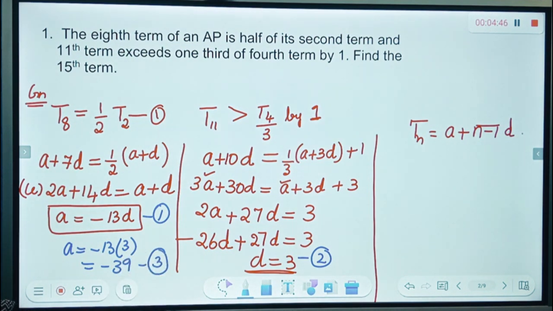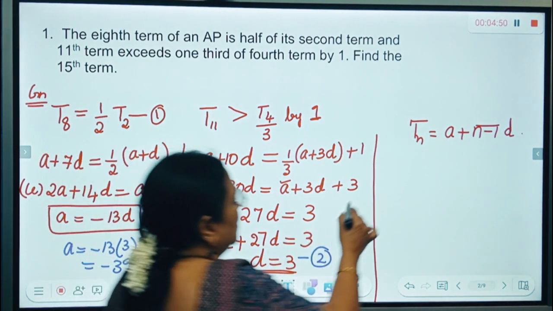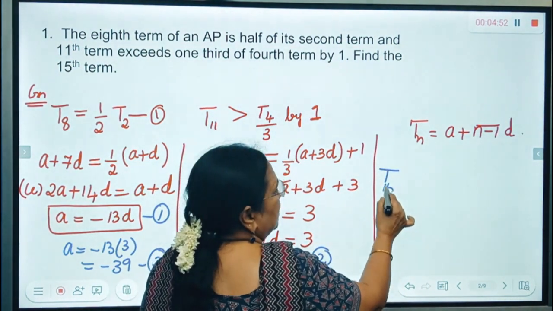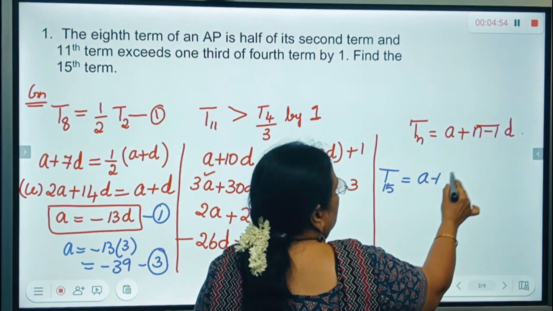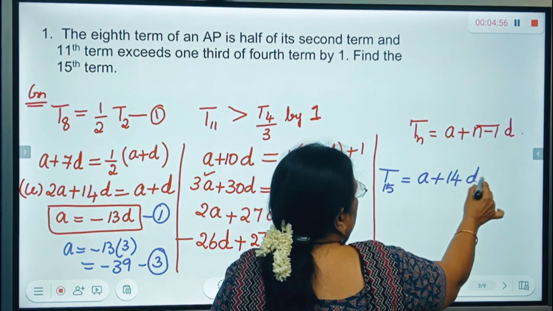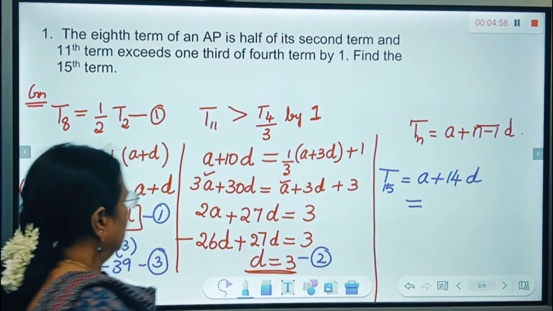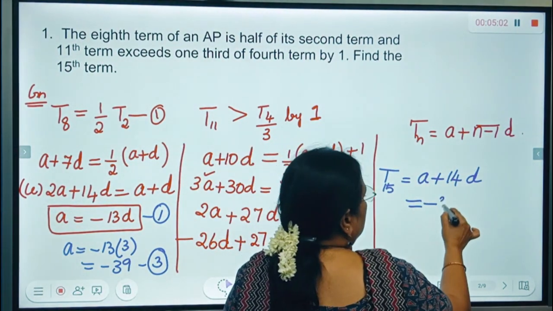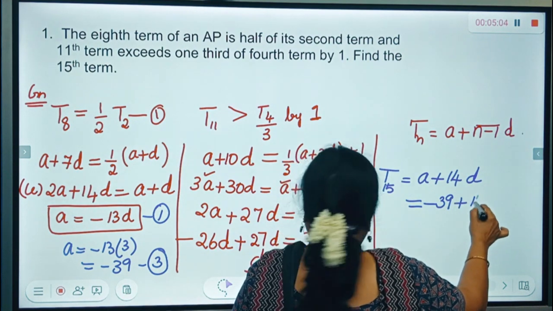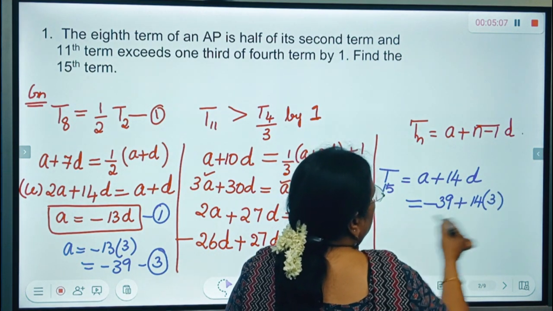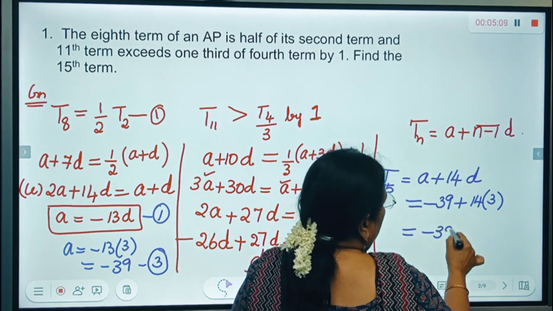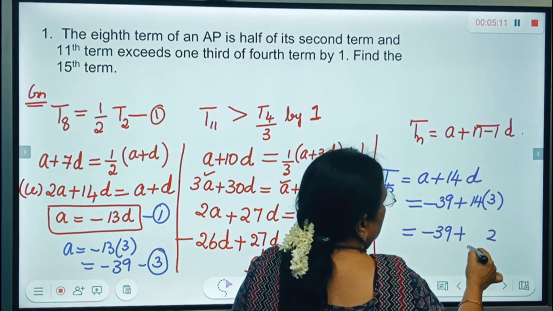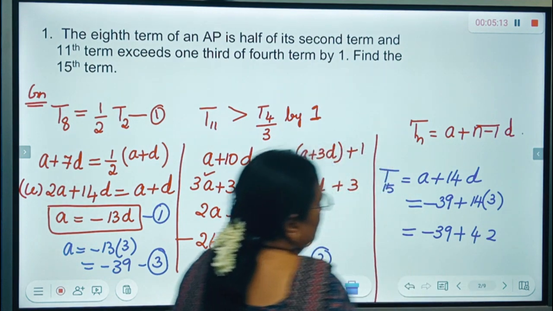Now what is the question? What is it that we need to find? The 15th term. So T15 will be A plus 14D, which is, what is A? Minus 39, plus 14 into, what is D? 3. This is minus 39 plus 42.